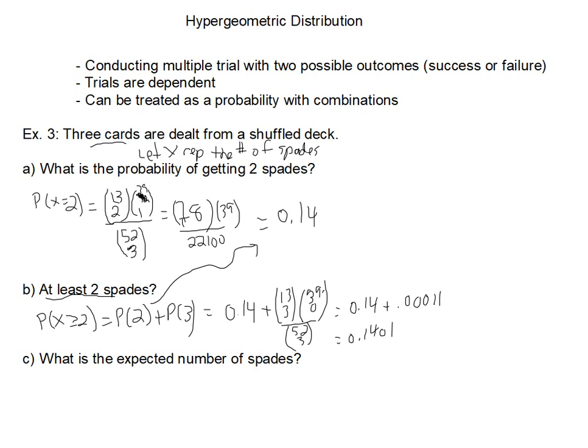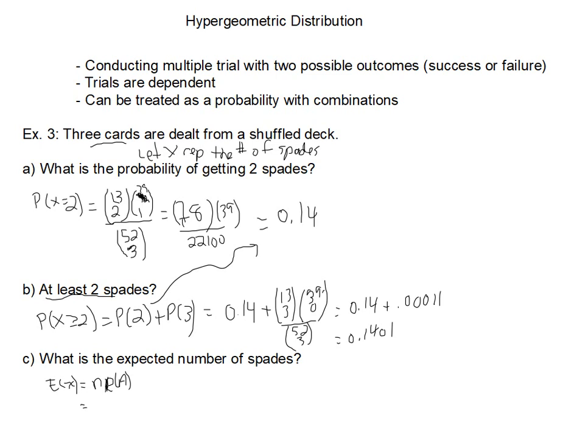And again, when we calculate the expected value, we could make a table like we did before, or there's a shortcut here. The expected value for a hypergeometric distribution is just equal to the number of trials times the probability of A. In this case, the probability of A is the probability of a desired outcome, and our desired outcome here was getting a spade.